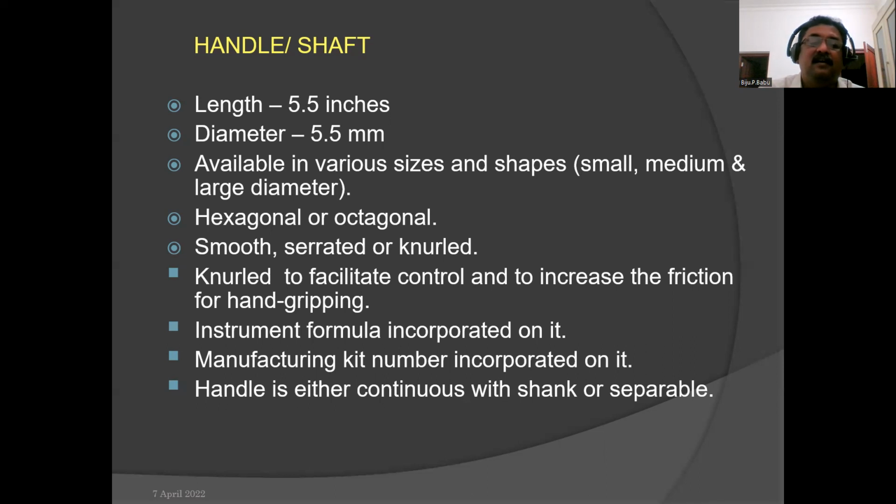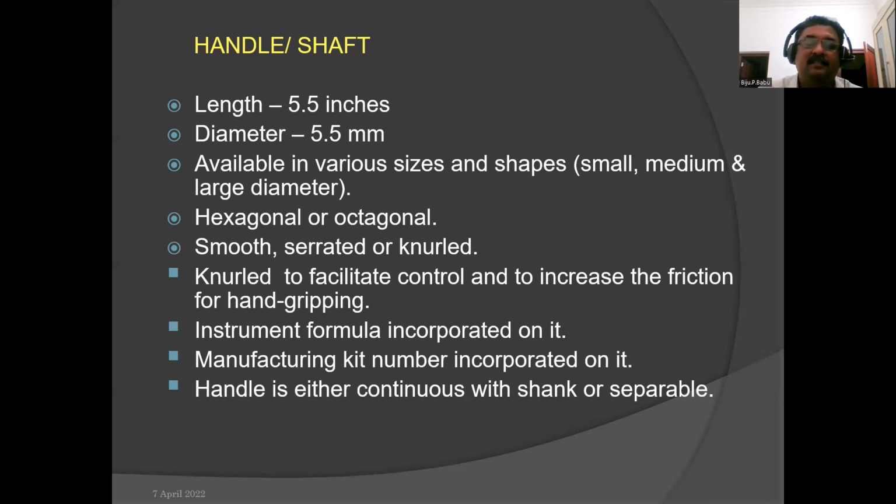Knurling facilitates control and increases friction for hand gripping. Then the instrument formula is incorporated. On most instruments, the formula is written on the handle, so when you look at the handle, you know the measurements or dimensions of the blade. Sometimes the manufacturer's kit number is also incorporated on the handle.